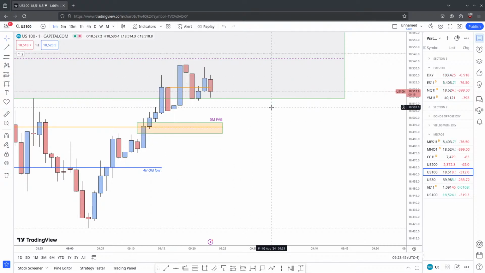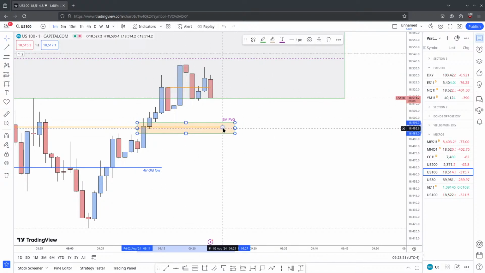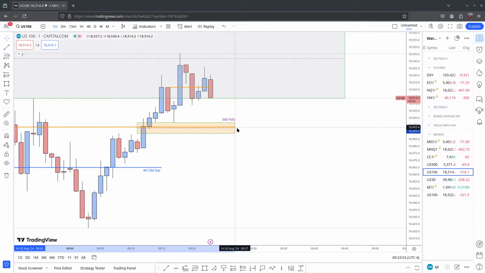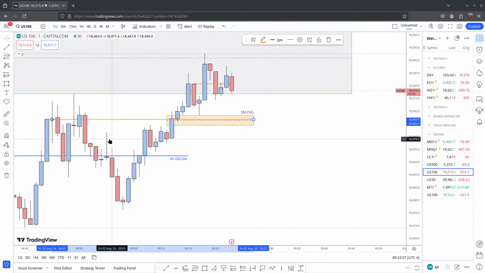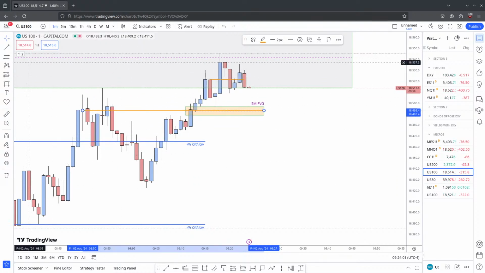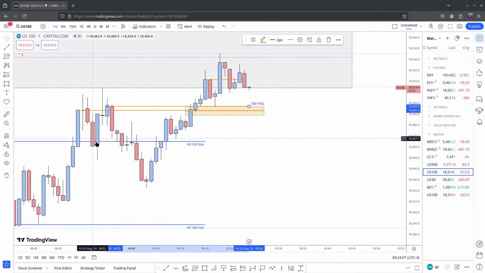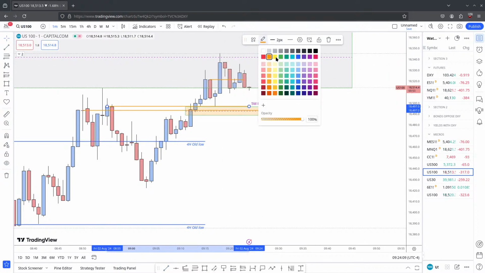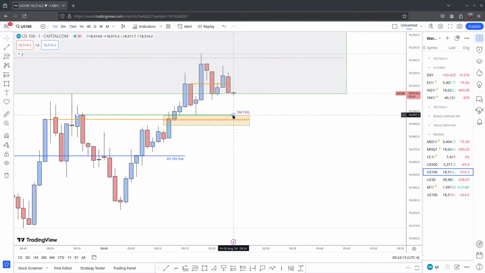Or a different trader might be wanting to see price come into this, as this was a 5-minute order block. This could also act as a breaker block here on the 1 minute. So that's nice to see. Personally, I would wait for this idea. Wait for that breaker block. Gonna make the breaker block green. So that's the breaker block.